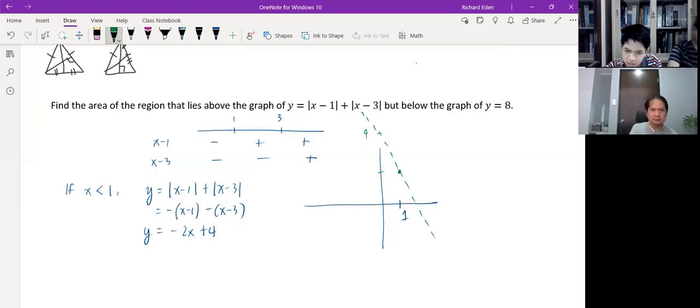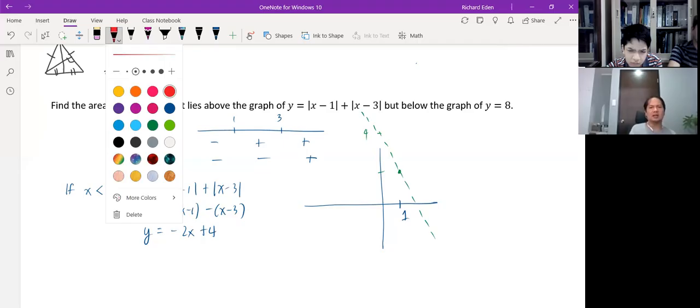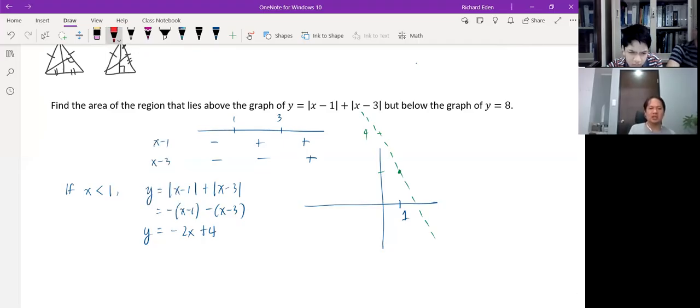However, it's not really the entire graph of the line that we need, but only the part of the line for which x is less than 1. So it would just be the part of the graph above these values of x which are less than 1. So the graph we're looking at is the following.